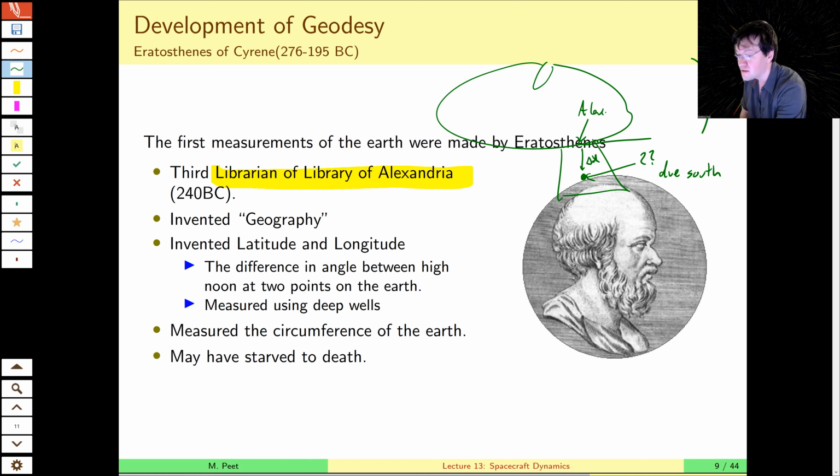So he measured that distance, and then he measured the difference in the angle that the sun made. So there's the sun over here.